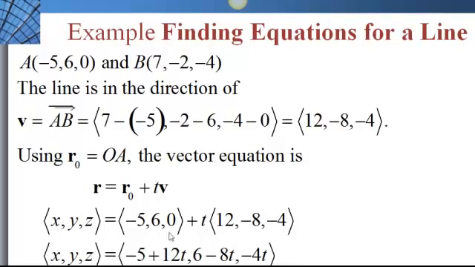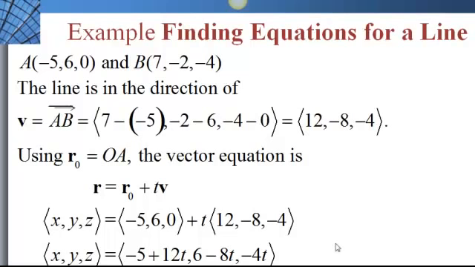So if we add those together using the distributive property, we get negative 5 plus 12t for the x, 6 minus 8t for the y, and negative 4t for the z.